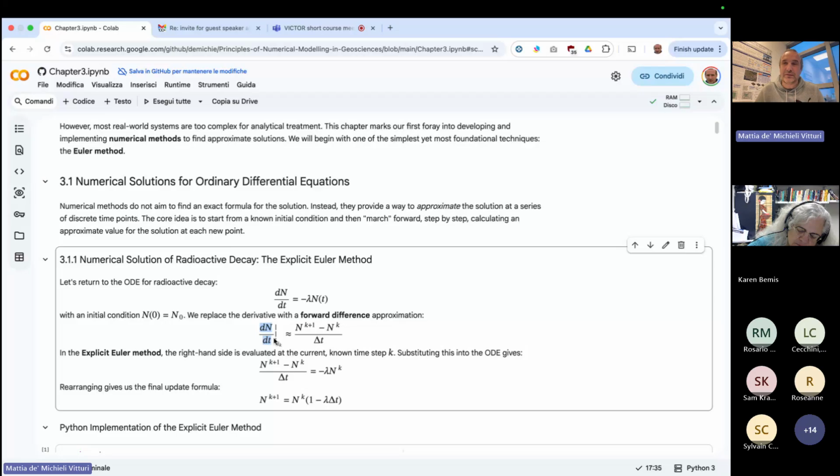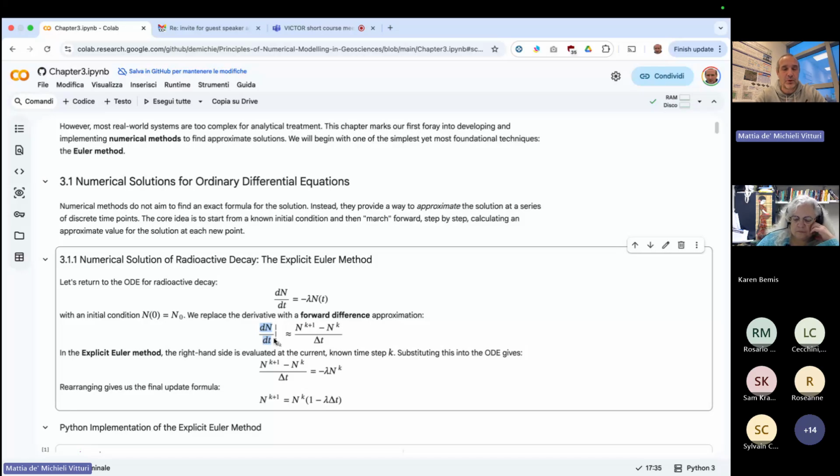So if you decrease delta t by a factor 2, the error will decrease by a factor 4. If you use a Runge-Kutta of the fourth order, it means that if you reduce delta t by a factor 2, the error will decrease by a factor 2 raised to the fourth power, so by a factor 16.